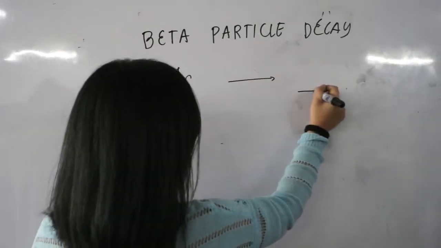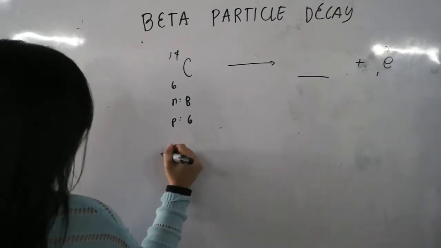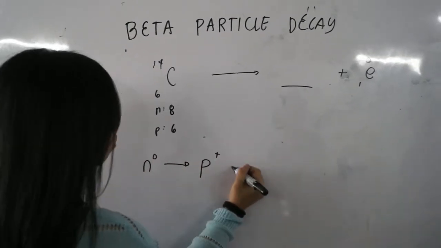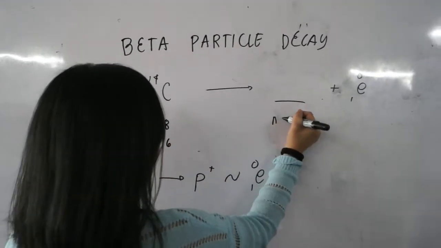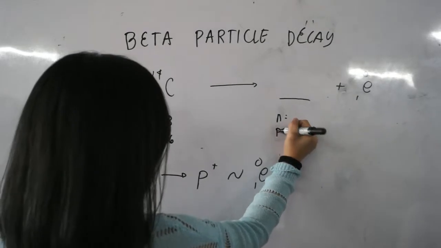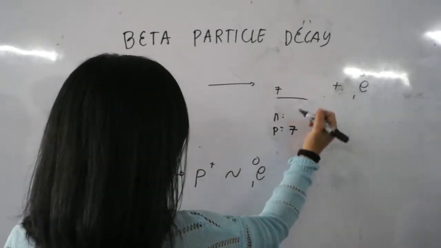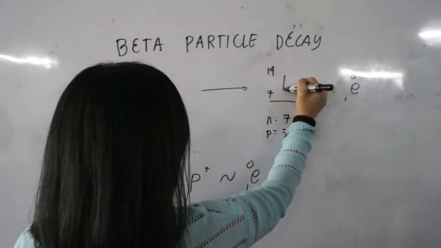In beta particle decay, a neutron turns into a proton and flies off as an electron. So, the number of neutrons goes from 8 to 7, and the number of protons goes from 6 to 7 on the product side. An element with 7 protons and an atomic weight of 14 is nitrogen.